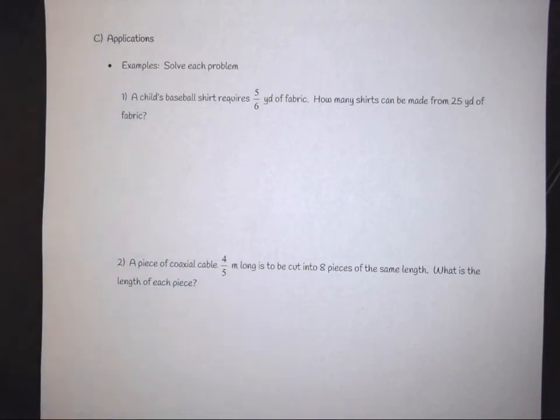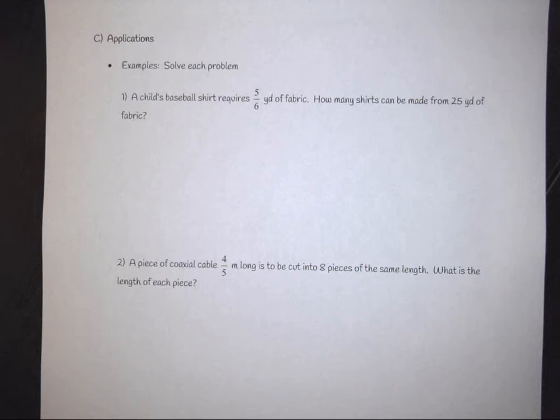And it says how many skirts can be made from 25 yards of fabric. So the way that you know that this particularly is a division problem is the fact that we have been given a total or a large quantity, and what we want to know is how many of that large quantity we can pull out using a certain stipulation.